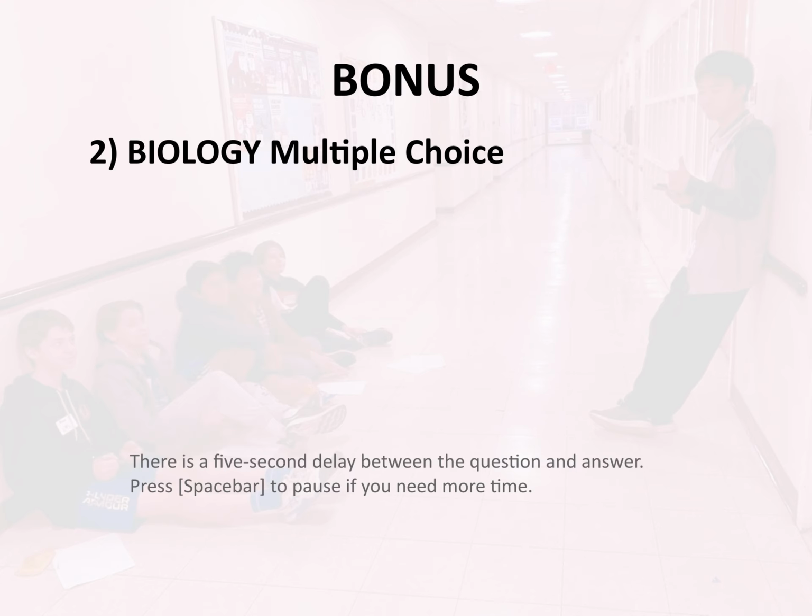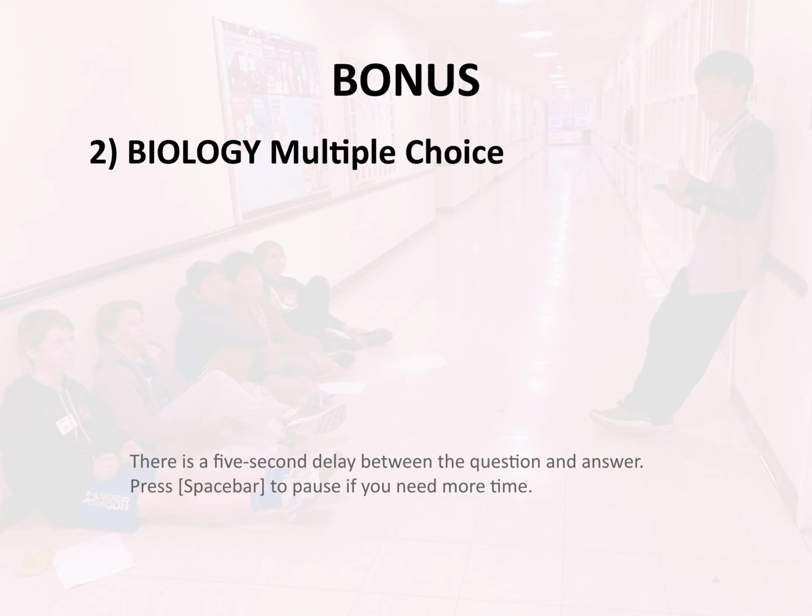Bonus 2. Biology. Multiple choice. In dragons, the alleles for yellow flame color and blue flame color are incompletely dominant. If a homozygous yellow flame dragon mates with a homozygous blue flame dragon, all of the brood will have green flame. Which of the following choices represents an expected probability for a brood produced by two green flame dragons?